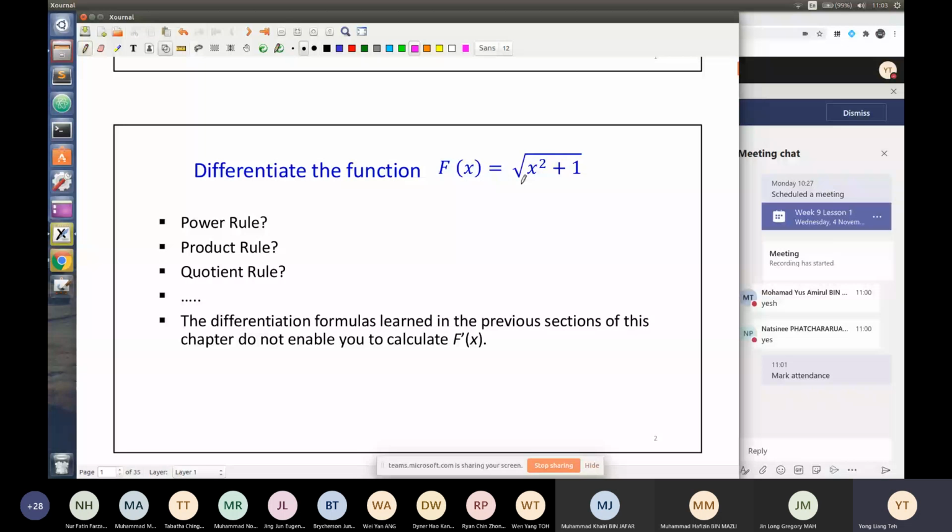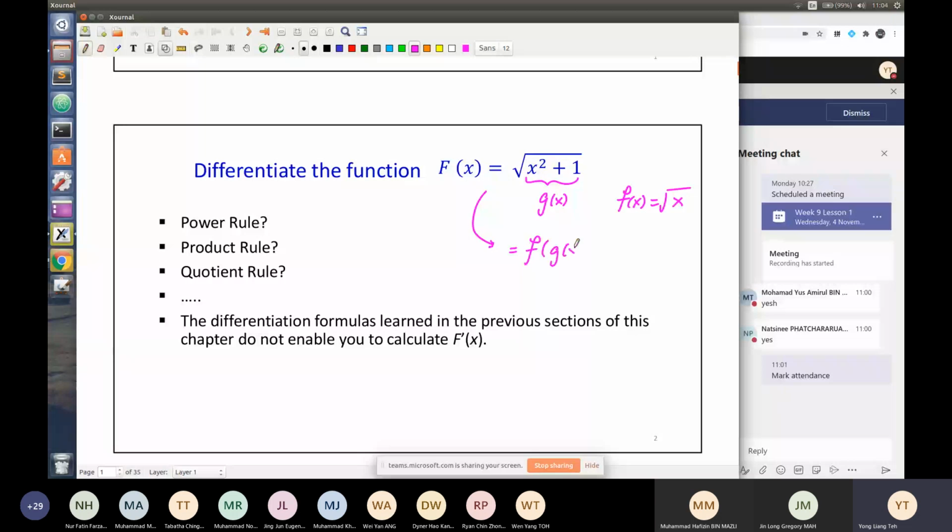However, if we let x squared plus 1 be g of x, then you can define f of x as the square root of x. So this big f of x can be rewritten as f of g of x.